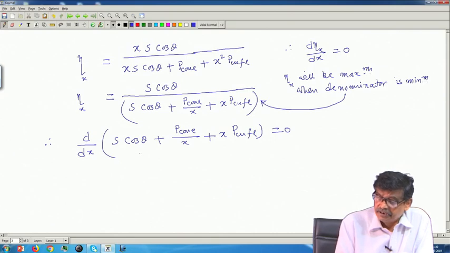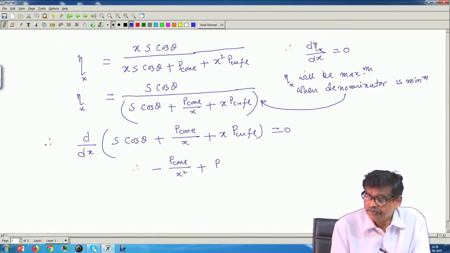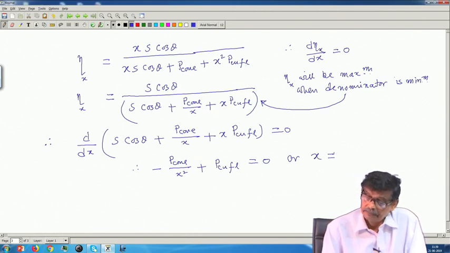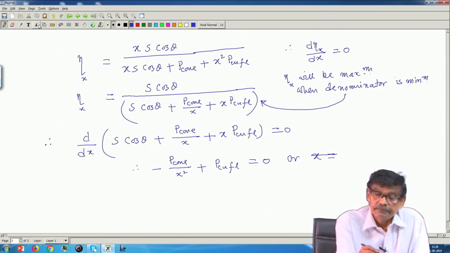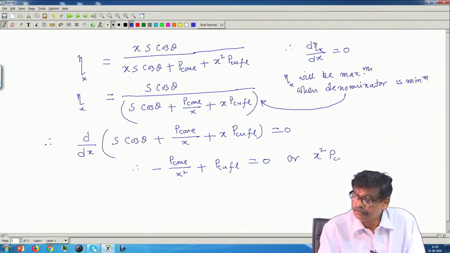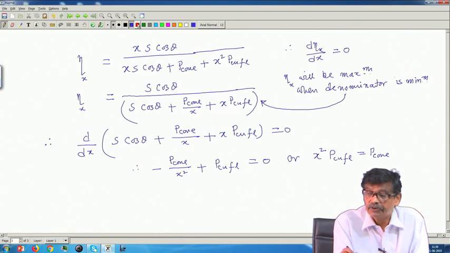So, if you differentiate, this will then become minus of P core by x square plus of P cu full load equal to 0, or x is equal to, or I will write another step, or you can say that x square into P cu full load is equal to P core. This is one very important result.